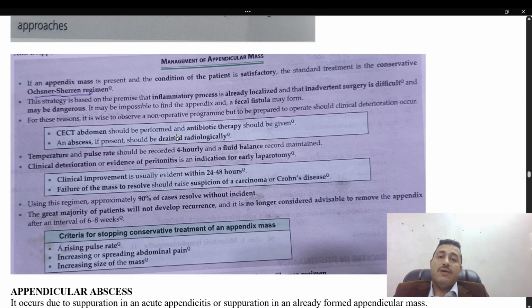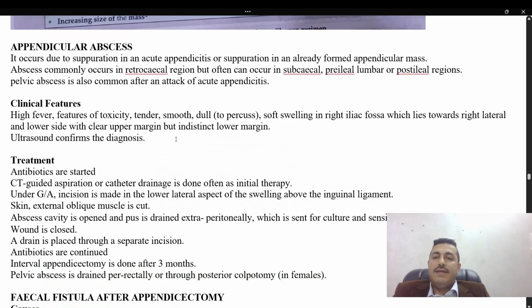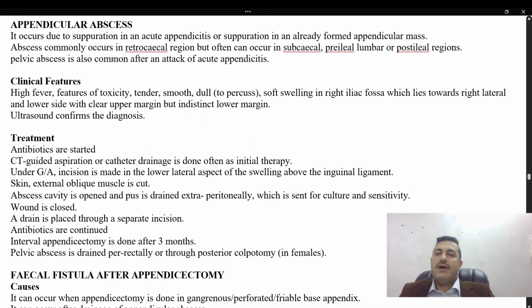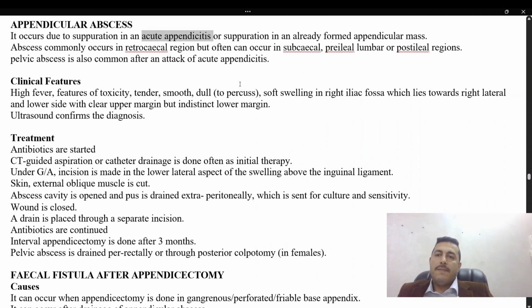Actually, here the management of appendicular mass is what we already said. Appendicular abscess. It's actually either initially developed after an acute appendicitis attack, or from suppuration in an already formed appendicular mass. Here they reviewed the location. It could be most often due to retrocecal appendicitis, but this is not mandatory.